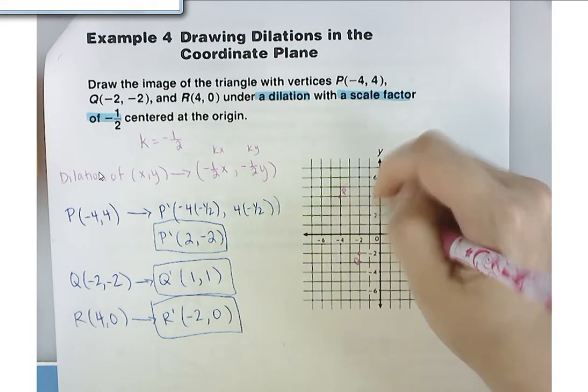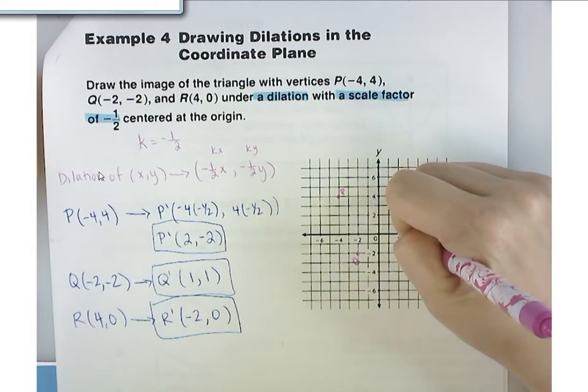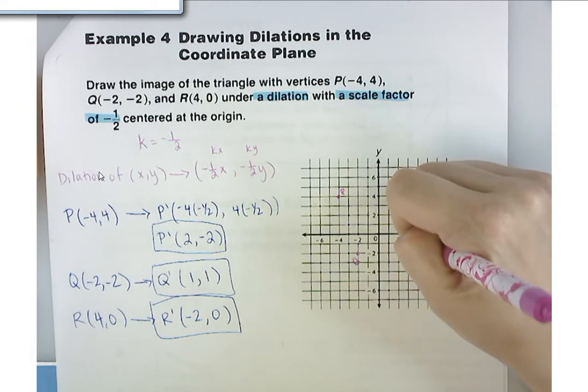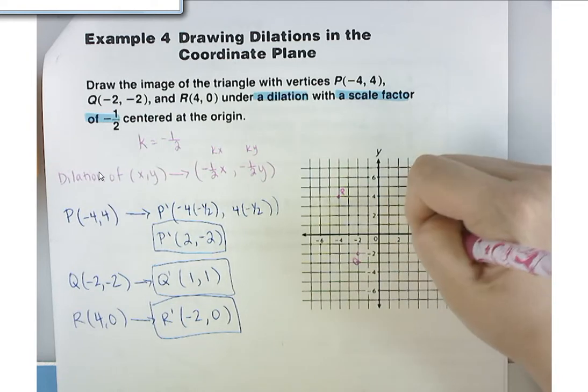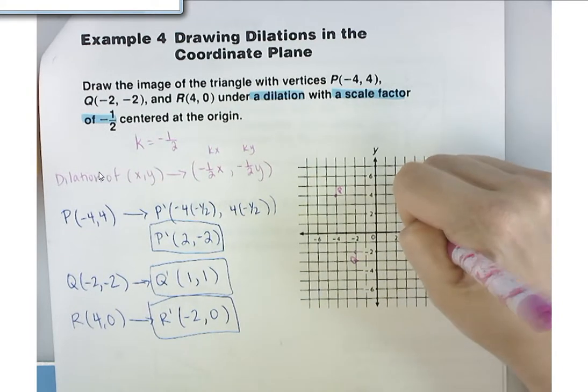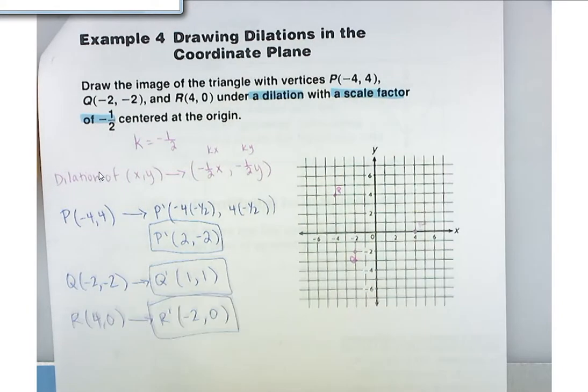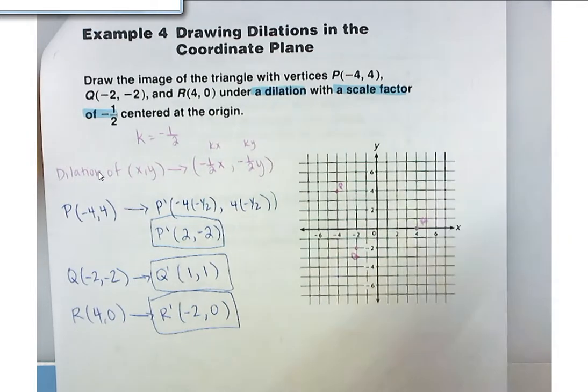What does the negative actually do? It reflects it, yep. It's the reflection. And so here's your R. And then we're going to connect that with a straight edge.